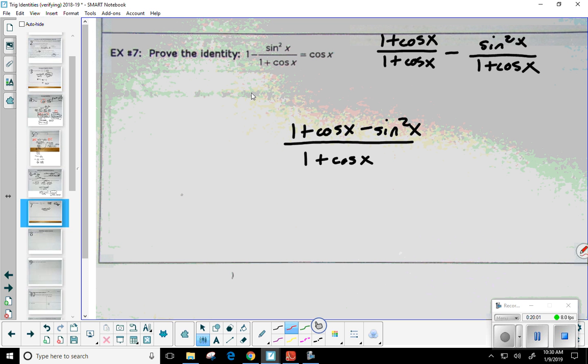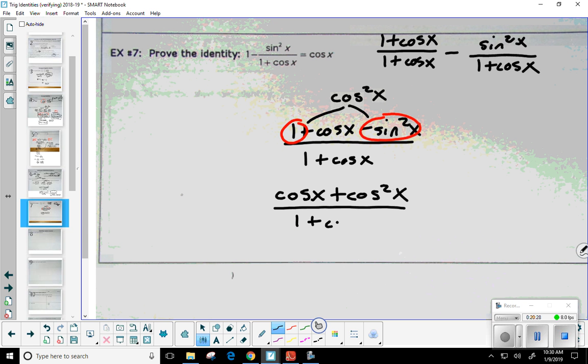You can replace sine squared with 1 minus cosine squared, but we have 1 minus sine squared right here, so it doesn't matter that they're separated by another term. 1 minus sine squared is cosine squared. So I have cosine of x plus cosine squared of x all over 1 plus cosine of x. Now what did I do?